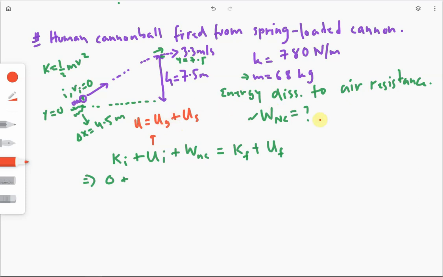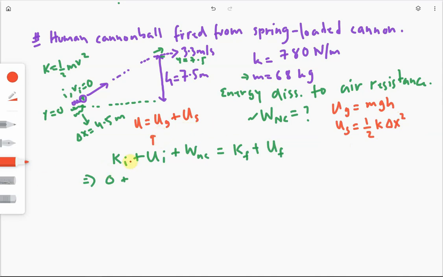UG, the gravitational potential energy, is given by m times g times the height above the origin or ground level, and US, the spring potential energy, is given as 1/2 k times the compression or extension squared. That is delta x, the length of the displacement from the original length of the spring.